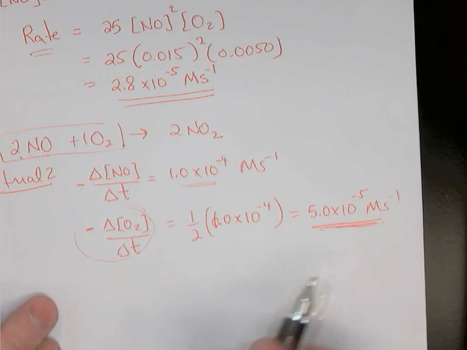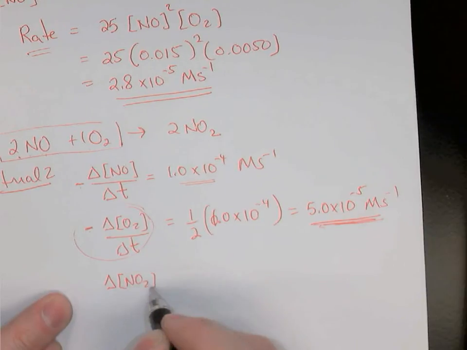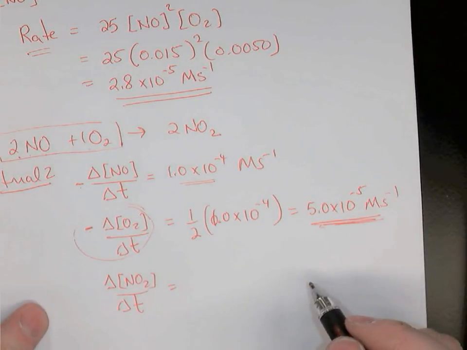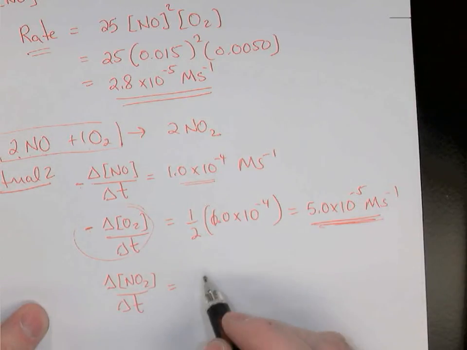What about the NO2? What was the change in concentration of NO2 over change in time? What was the rate at which it was appearing? Notice because the NO2 is a product, I'm not going to put a negative sign out front because its change in concentration is already positive, so I don't need to throw a negative in front of that.